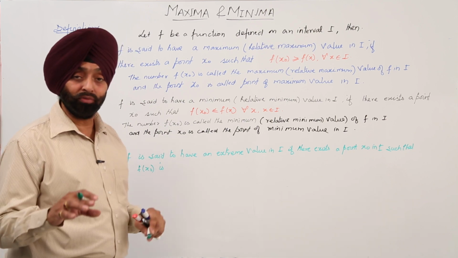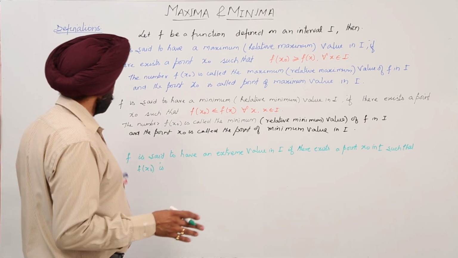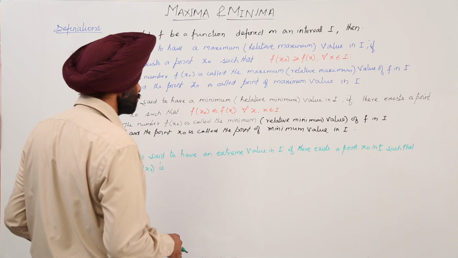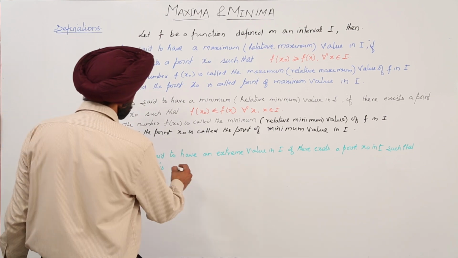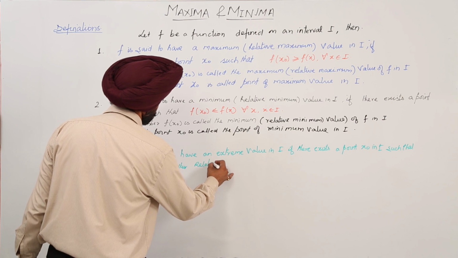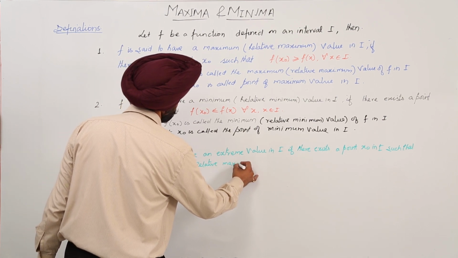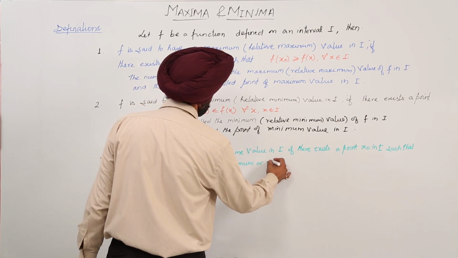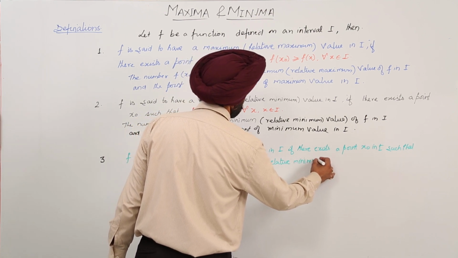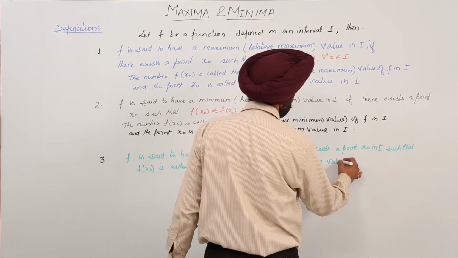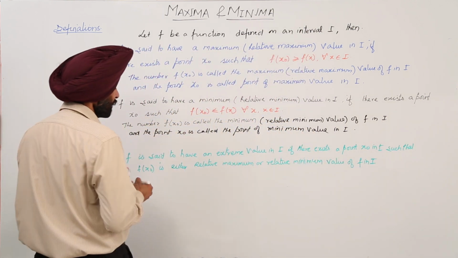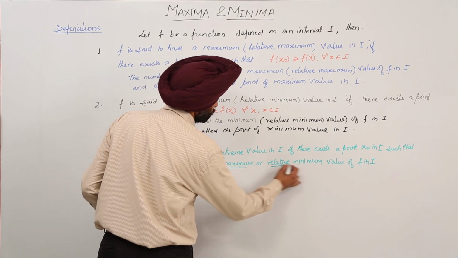Now here we have the extreme value, neither maxima nor minima. f is said to have an extreme value in I if there exists a point x0 in I such that f(x0) is either a relative maximum or relative minimum value of f in I. So for relative maxima, we can also use just the term maximum.